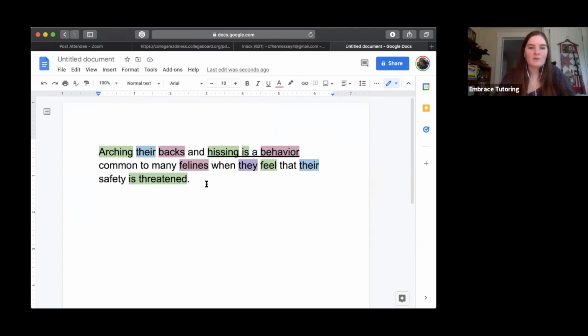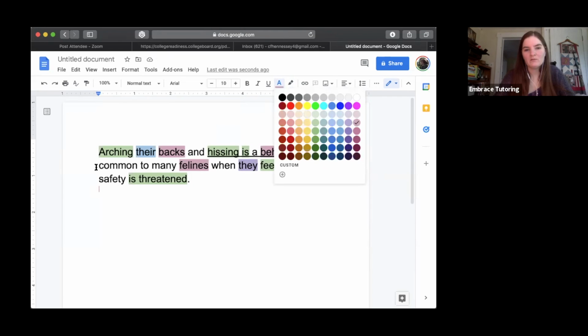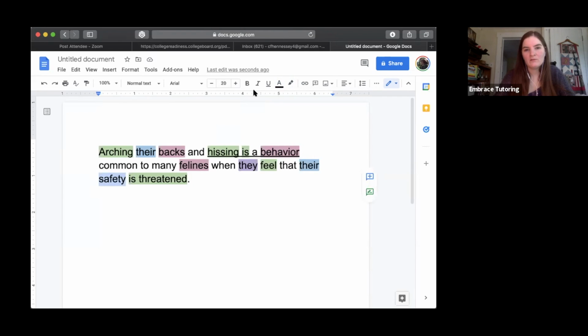And then common is a descriptive word, so we have adjectives. Many is also an adjective. We have safety, which is also a noun, right?